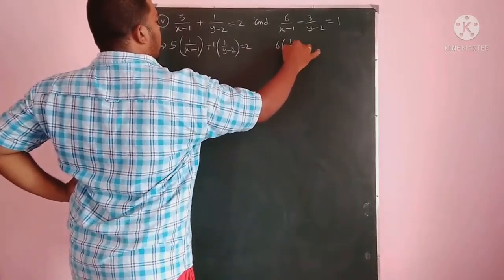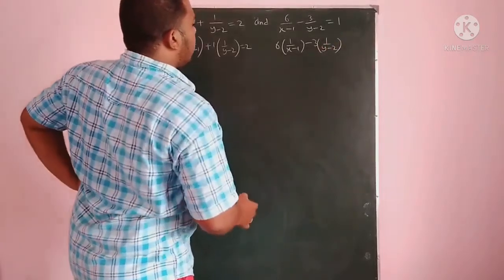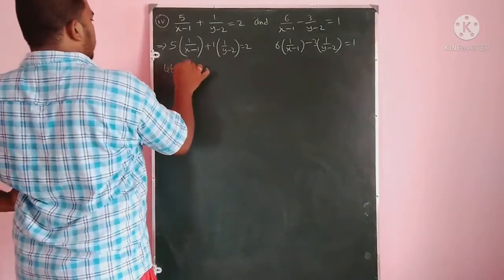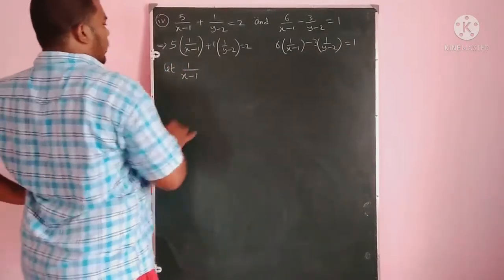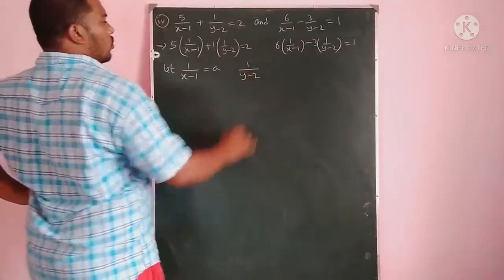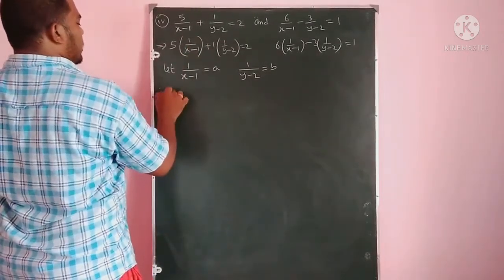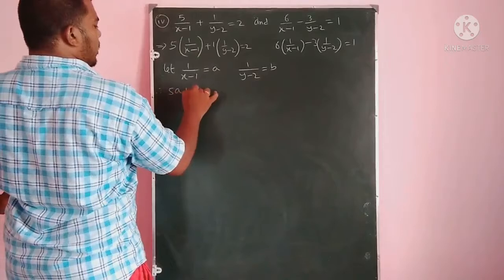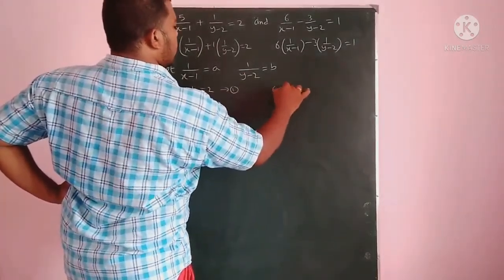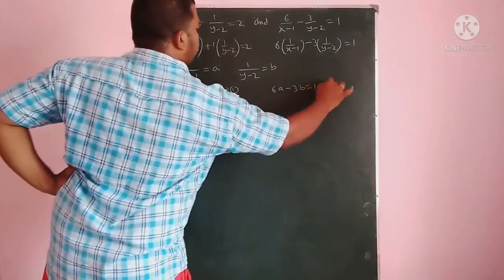Here 6 into 1 by x minus 1 minus 3 into 1 by y minus 2 equals 1. Let 1 upon x minus 1 be a, and 1 upon y minus 2 be b. Therefore we can rewrite these equations as 5a plus b is equal to 2, let it be 1, and 6a minus 3b is equal to 1, let it be 2.